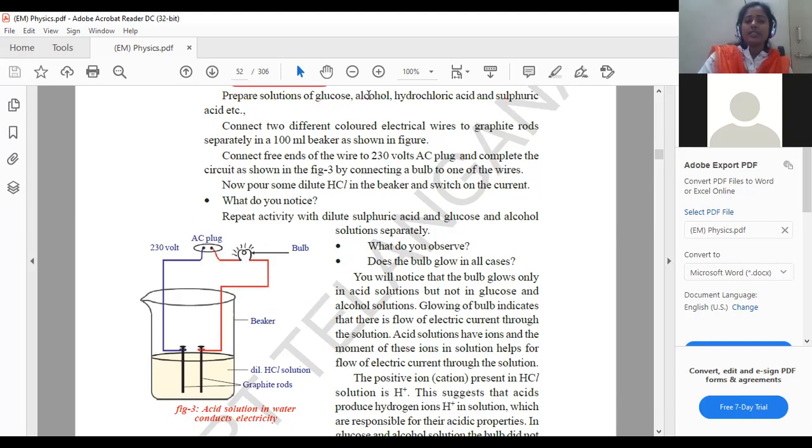Let us take another substance, alcohol, a hydroxy compound. I am taking a suitable example, methanol, CH3OH. When CH3OH, known as methanol, is taken in the beaker and again inserted with graphite rods, electrical wires connected with an AC plug, and a bulb connected to that, whenever we pass 230 volts of current into this, the bulb will not be illuminated because methanol will not dissociate into H plus ions.